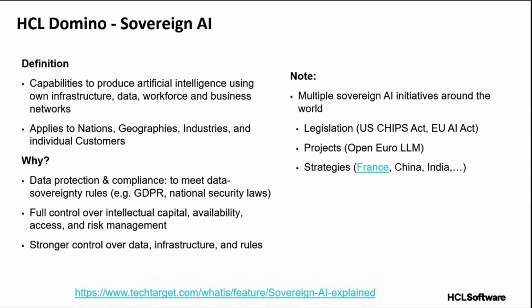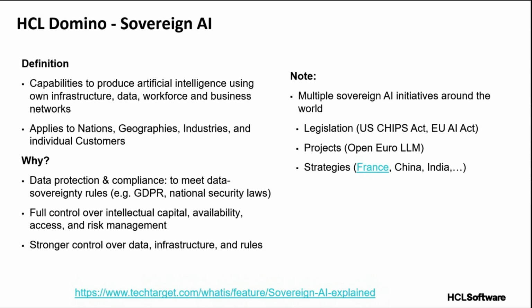This concept applies to customers or countries which are very sensitive towards data, specifically industries like banking, pharma, healthcare, government customers who are into security, or different kinds of defense units, and so on and so forth, right?